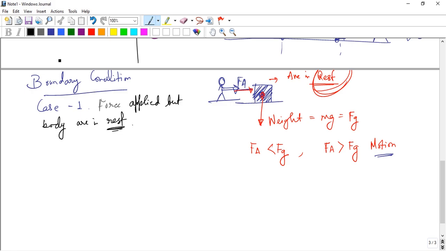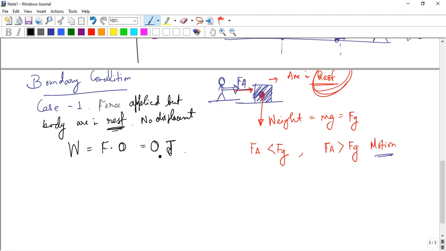It means no displacement. So the work done equals some force value, 10 Newton, 12 Newton, 15 Newton, any value, times displacement which is 0. And we know that 0 times something is 0. There is 0 joule, which means no work has been done.